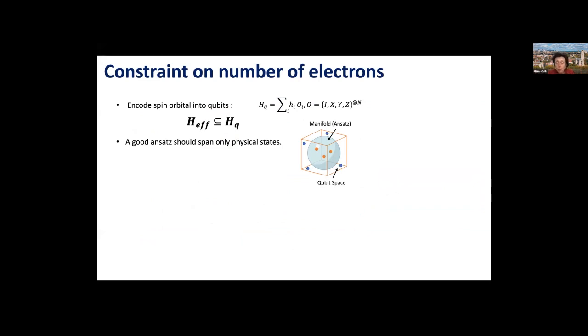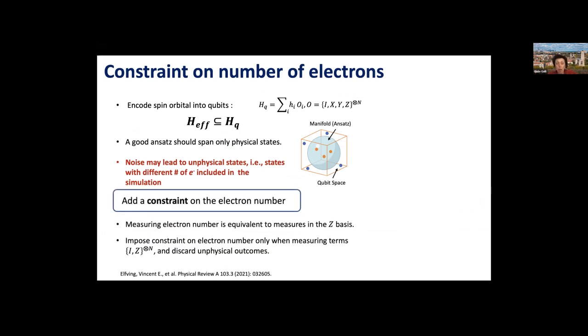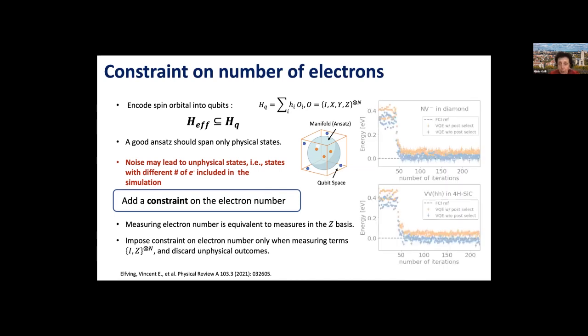But on a quantum computer, because of noise, we actually pick up unphysical states that are states with a different number of electrons included in the simulation. And then all bets are off, right? Because the variational quantum eigensolver is not variational anymore because there is no constraint on the number of electrons. So we have to add a constraint on the number of electrons.